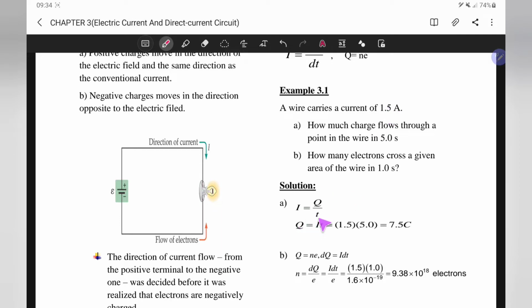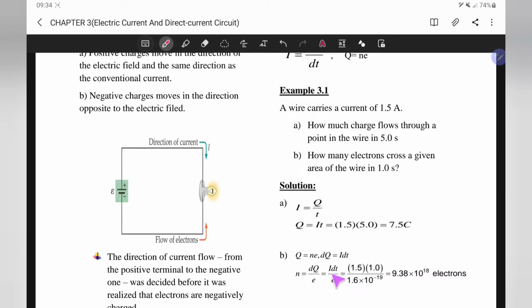I is given already, and the time is also given here, then you will get the total charge. And how many electrons? They ask you to find the number of electrons. So Q equals NE, and at the same time, dQ equals I dt. From these equations, N equals dQ over E, where dQ equals I dt.